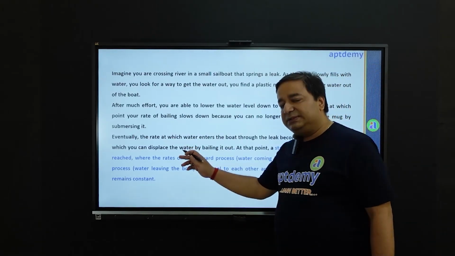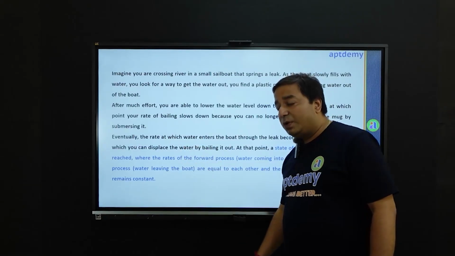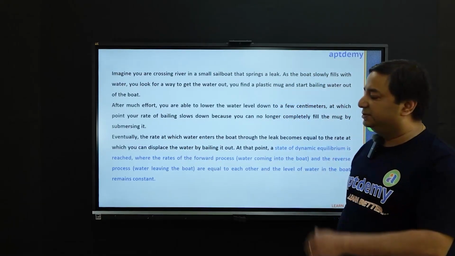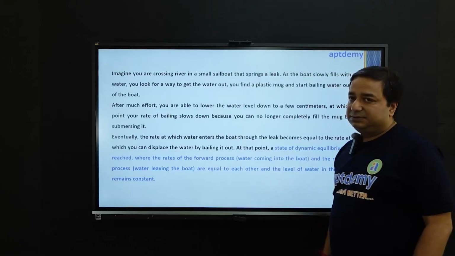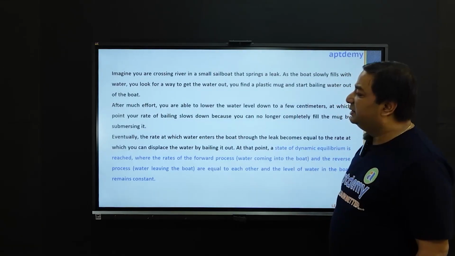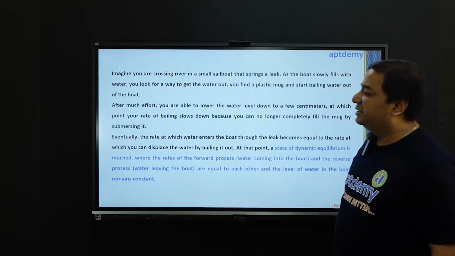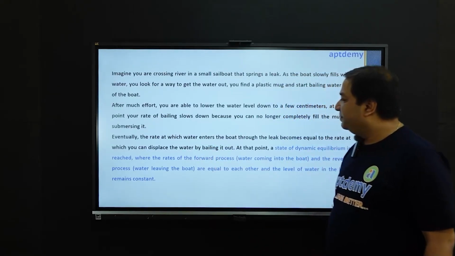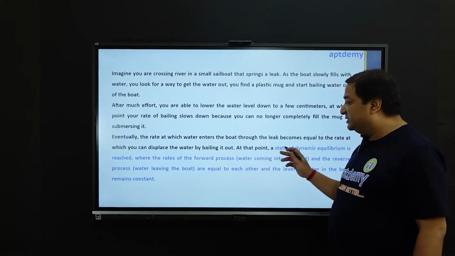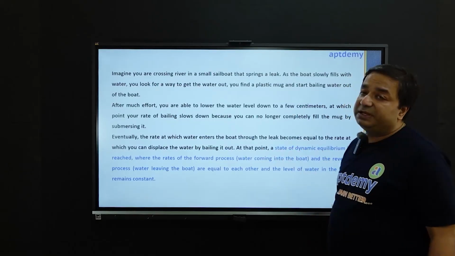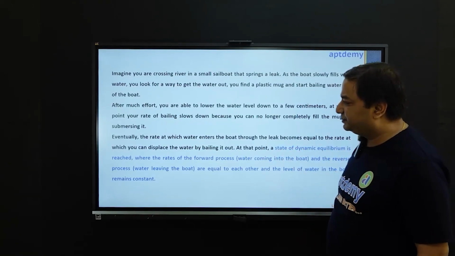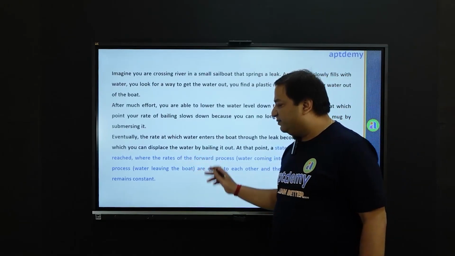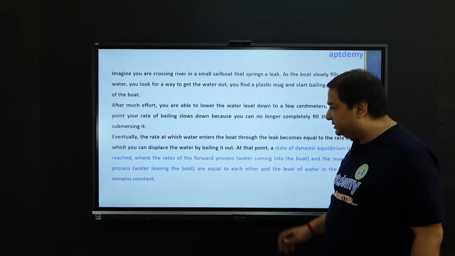So eventually, at this point, the rate at which the water enters the boat through the leak becomes equal to the rate at which you can displace the water by bailing it out. Now, important part. At this point, a state of dynamic equilibrium is reached, where the rates of the forward process, what is that process?